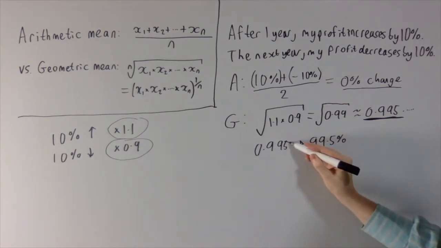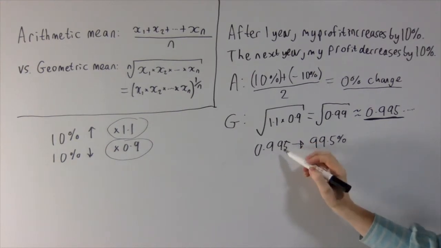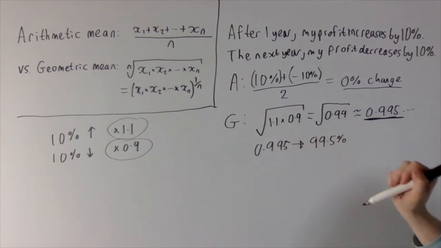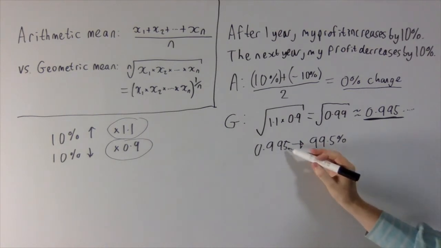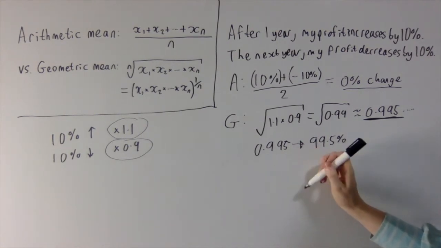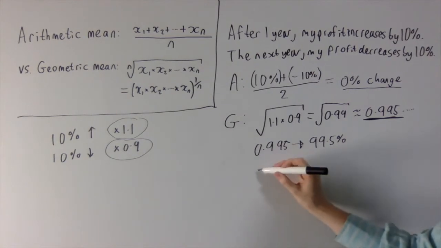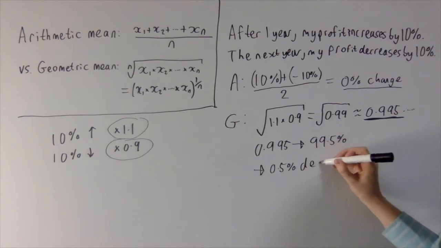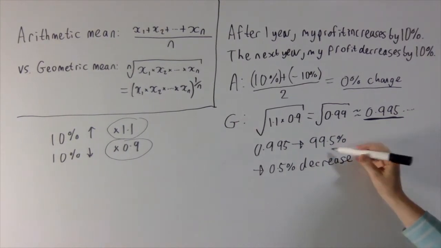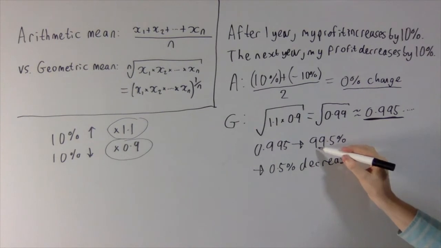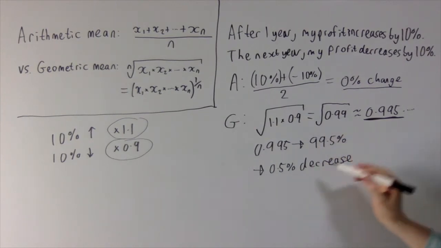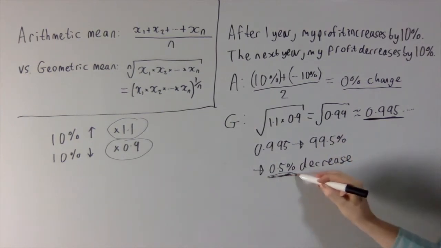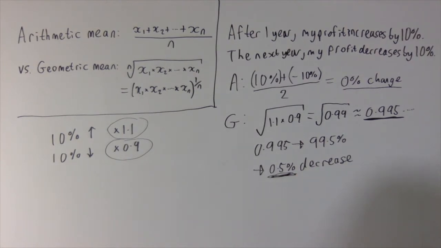And if I was to multiply by 0.995 instead of 1.1 and 0.9, this would correspond to a 0.5% decrease. This is because if you imagine what I've got left over, 99.5%, I must have decreased by 0.5%. So the geometric mean is telling us that each year maybe it's a 0.5% decrease on average.